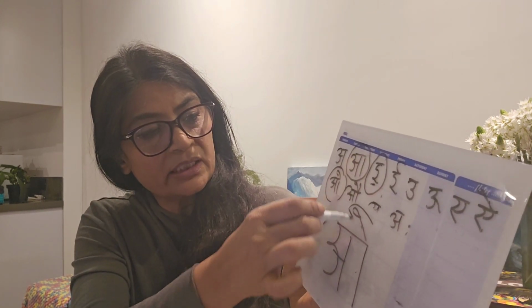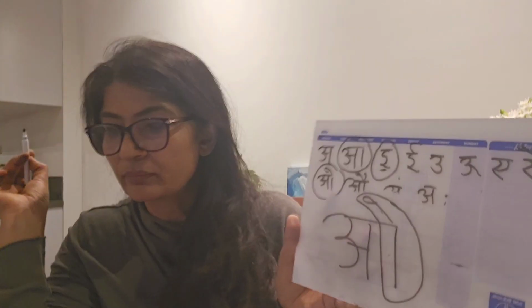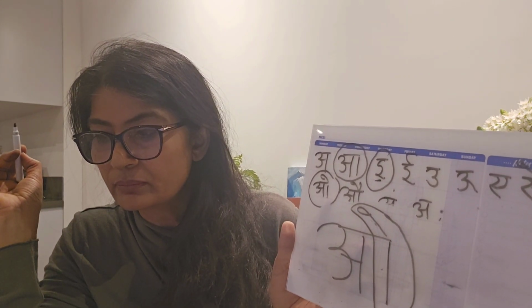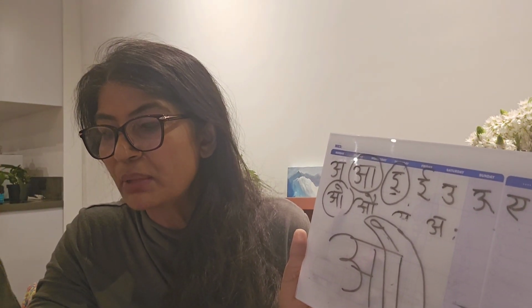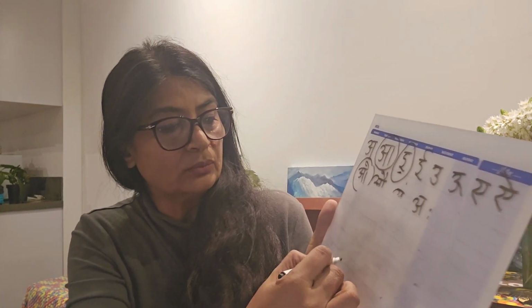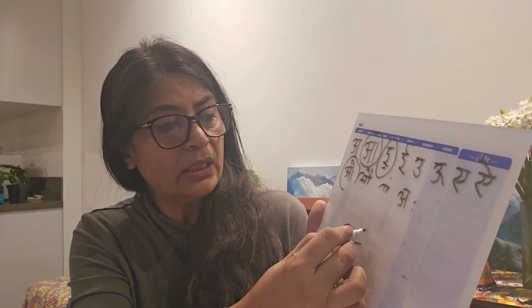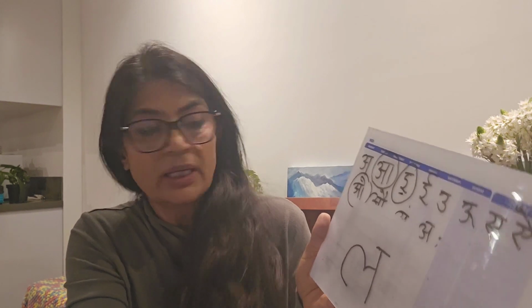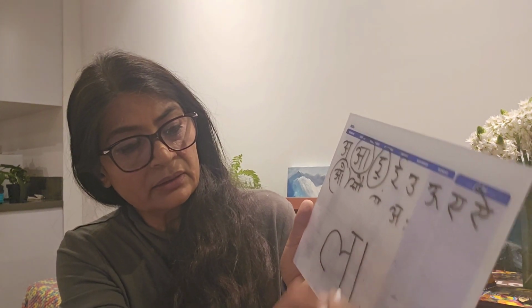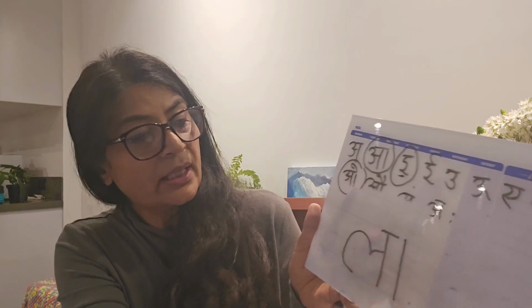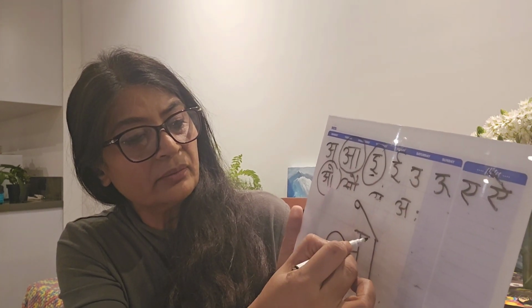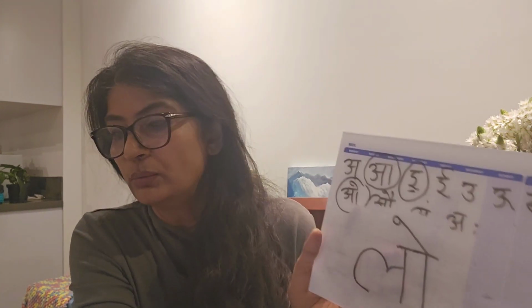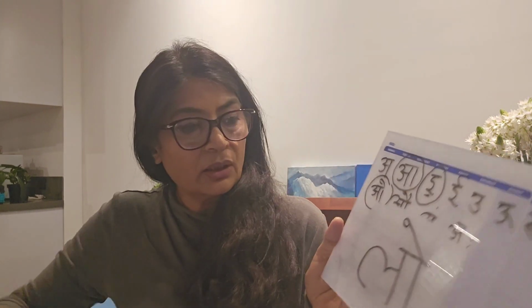You only take this part, and that makes my O. So, this is L. If I put a line here and I put a line here, this is my low.